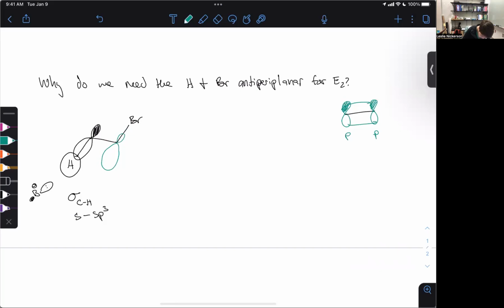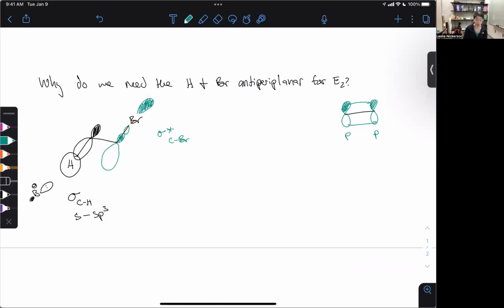Do that a little too big. Okay, again, we're finding the carbon-bromine bond, and then straight from either side is where our antibonding orbitals are going to sit. Okay, so then we have that for our sigma star of our carbon-bromine.